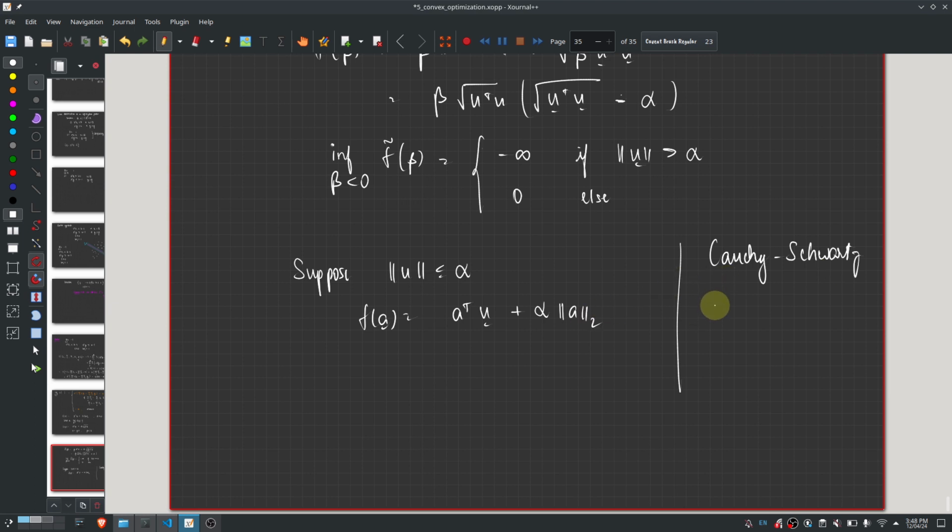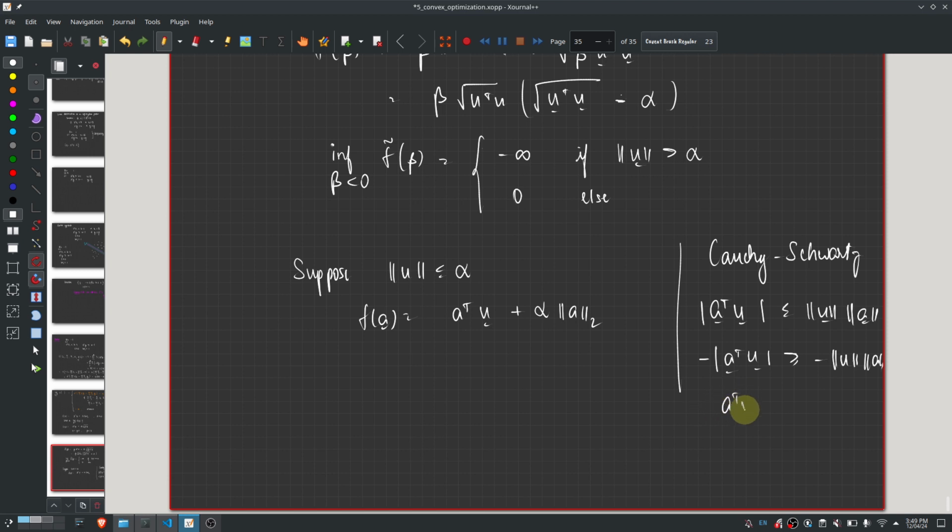What can I bound? The mod of a transpose u is less than or equal to norm of u times norm of a, correct? But I can also say that the negative of the mod of a transpose u is greater than or equal to the negative of norm u times norm a.